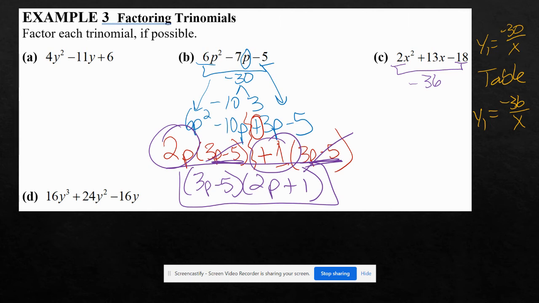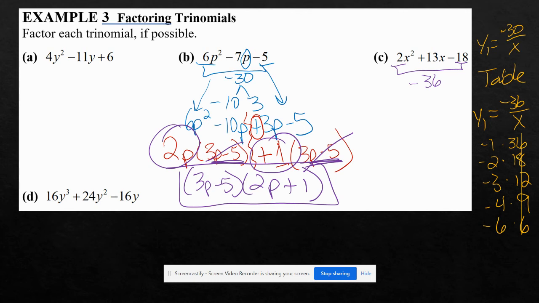All right, so on our table, we have negative 1 times positive 36, negative 2 times positive 18, negative 3 times positive 12, negative 4 times positive 9, negative 6 times positive 6.